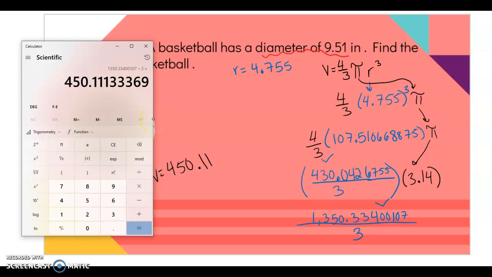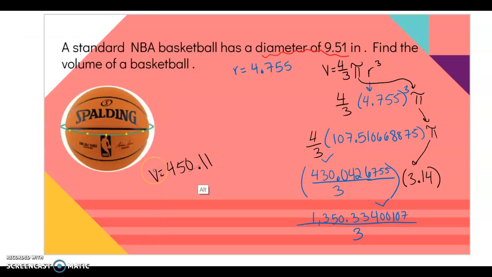Since this is a 1, this one's not going to make this one go up, so you're going to leave it as 450.11 or just 450.1. And this is inches cubed. So 450.1 or 450.11 inches cubed for a standard basketball. Holy cow.